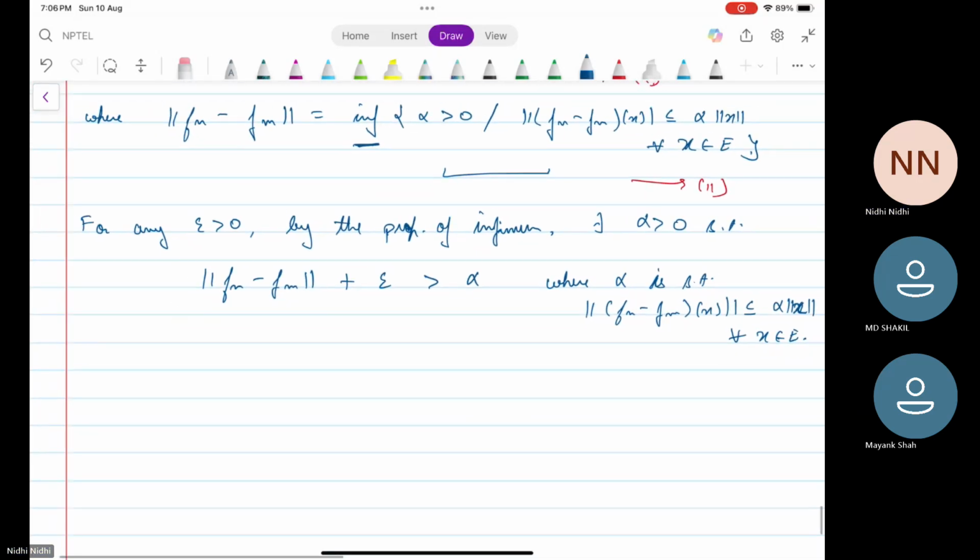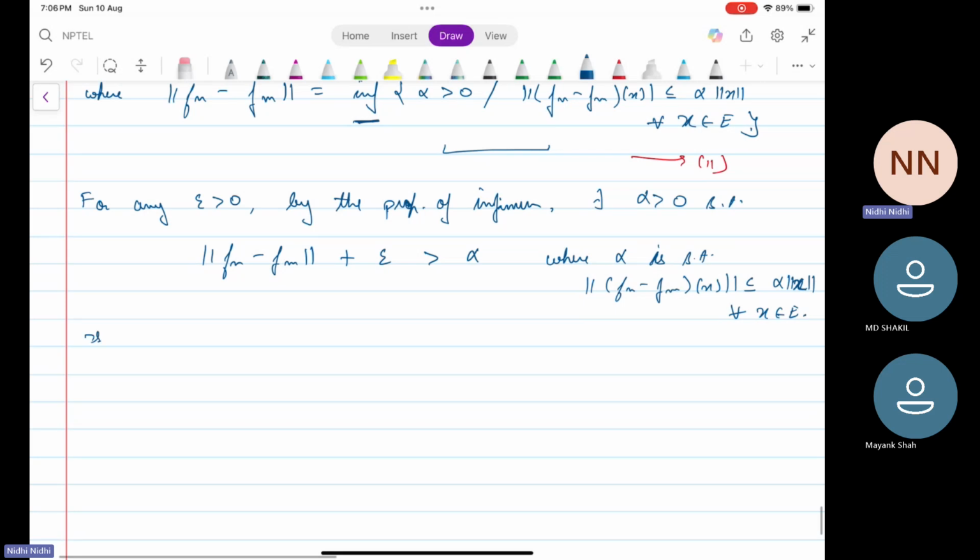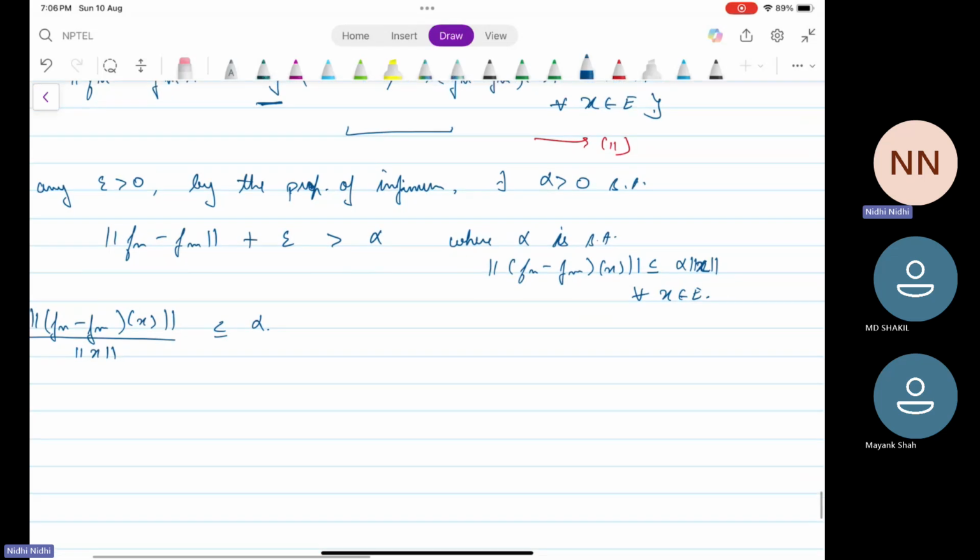Okay, so this implies the norm of (F n minus F m) x divided by norm x is less than or equal to alpha.